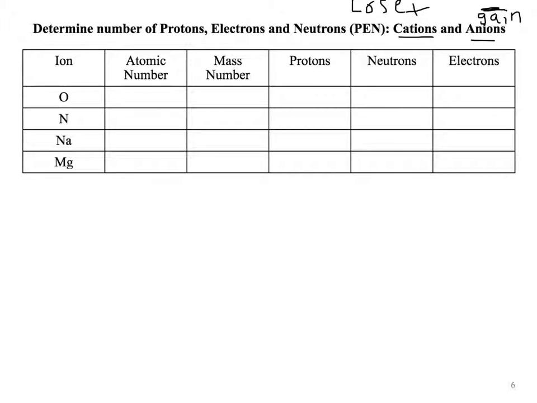So, for example, for oxygen with a -2 charge, nitrogen with a -3 charge, sodium with a +1, and magnesium with a +2. Oxygen and nitrogen are anions because they're negatively charged, so they're gaining electrons. Sodium and magnesium are cations because they're positive charged and they're losing electrons.